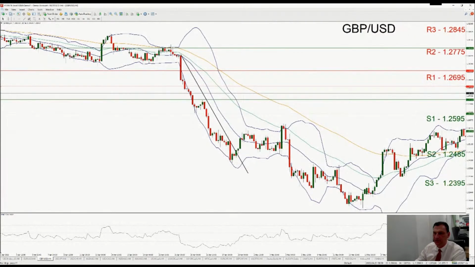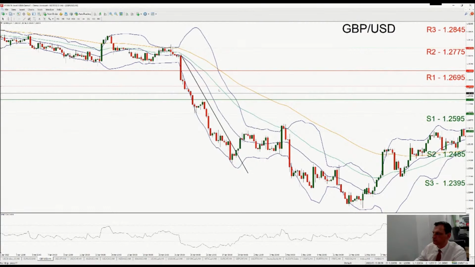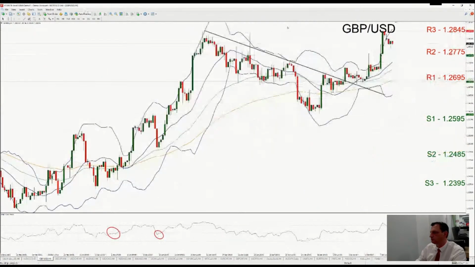We have a nice peak here in red. Could be a tad bit lower. 1.307. Let's readjust.